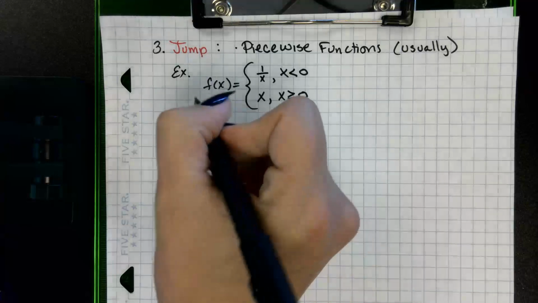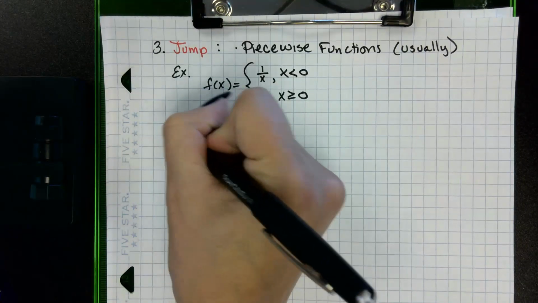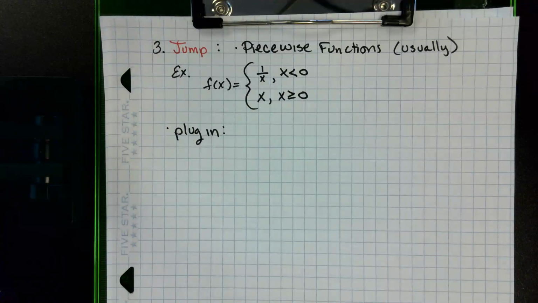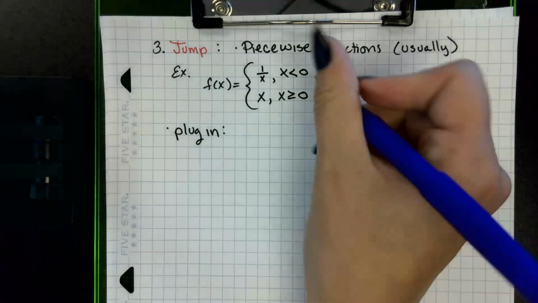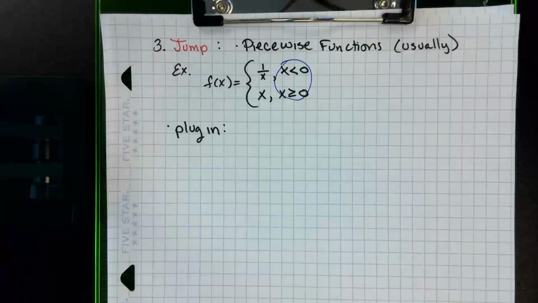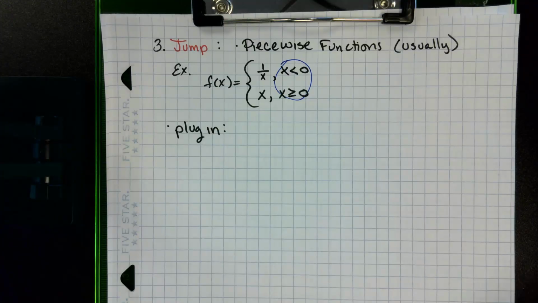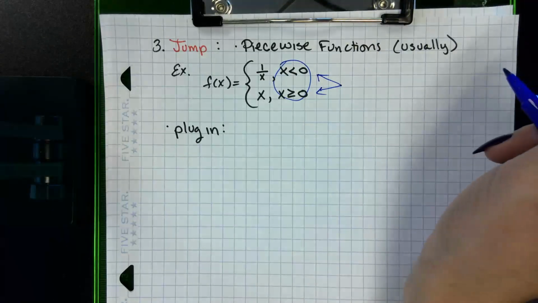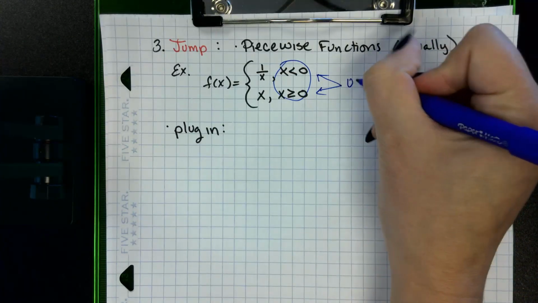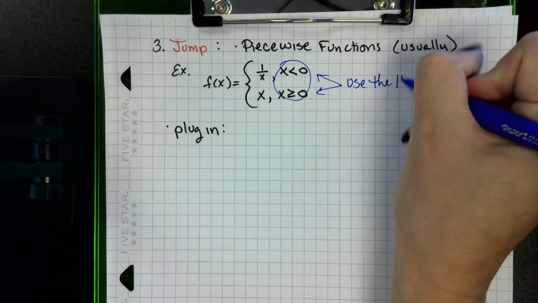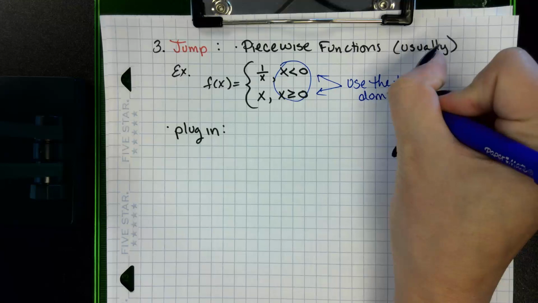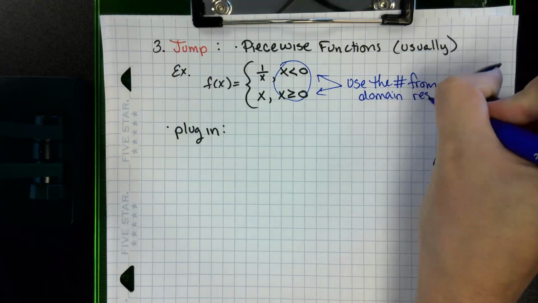To evaluate this one, we're going to plug in whatever value is where your domain is split up. Use the number from the domain restrictions.